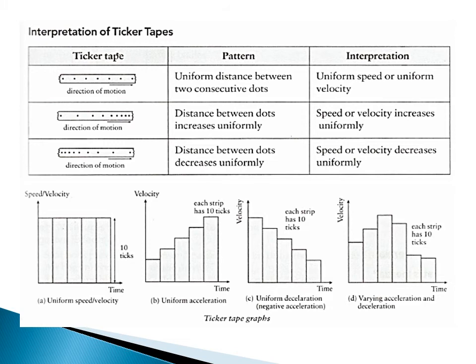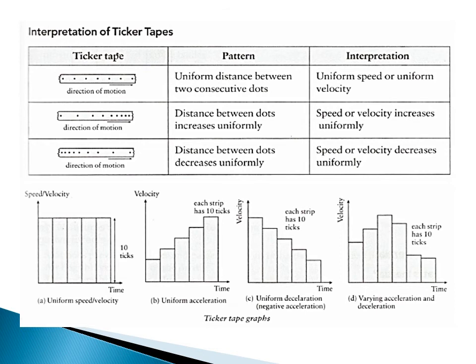For your information, a far distance between dots shows that this is the fastest, and very near dots show that the body moved very slowly. So the distance between dots increases uniformly from low speed to high speed. Speed or velocity increases uniformly.